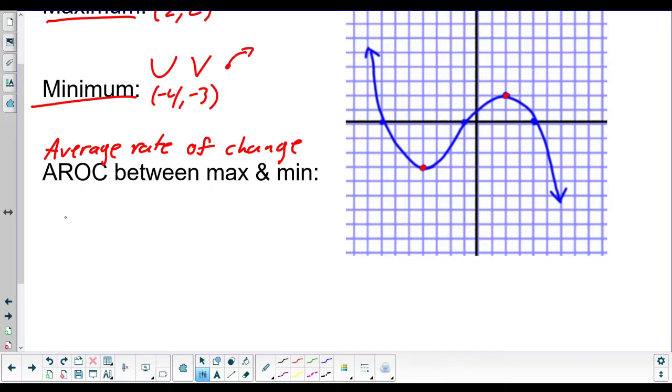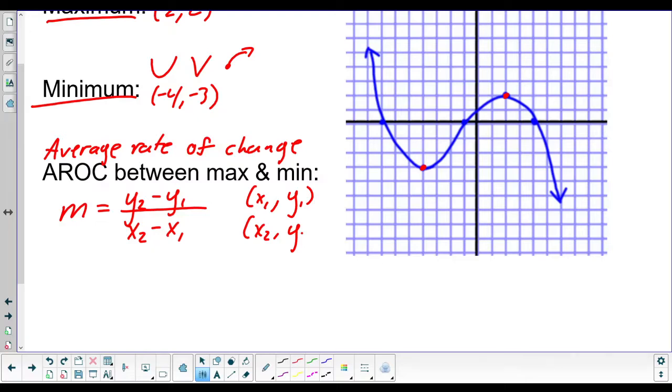The formula is m, the rate of change, the slope, is y2 minus y1 over x2 minus x1. So these are from the ordered pairs x1, y1, and x2, y2. Okay.